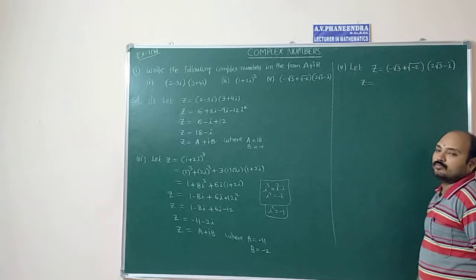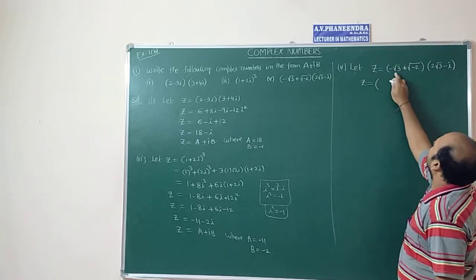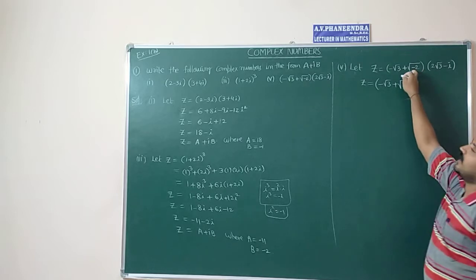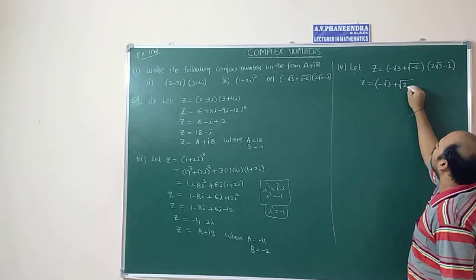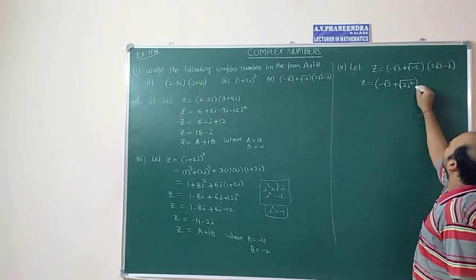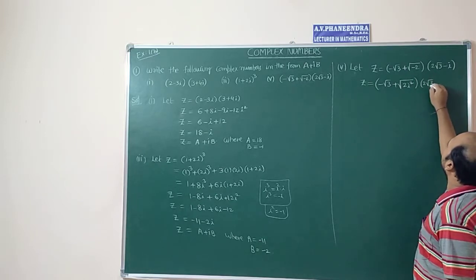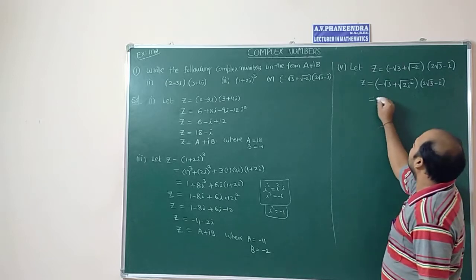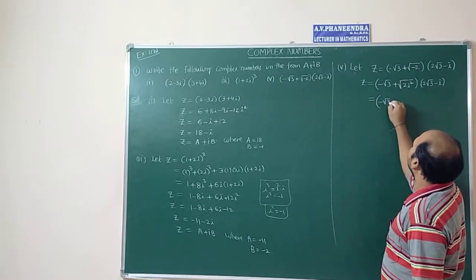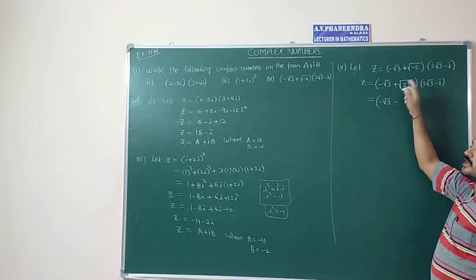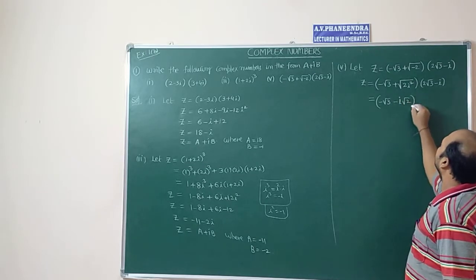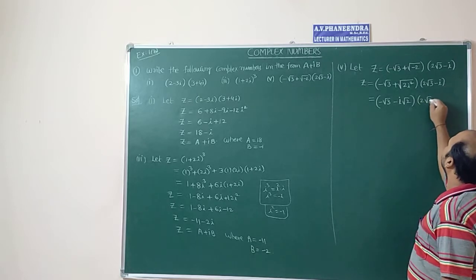Z is equal to minus root 3 plus square root of minus can be written as i square, so 2 i square, into 2 root 3 minus i, which is equal to minus root 3, i square we can take outside. It will become as i into root 2, 2 root 3 minus i.